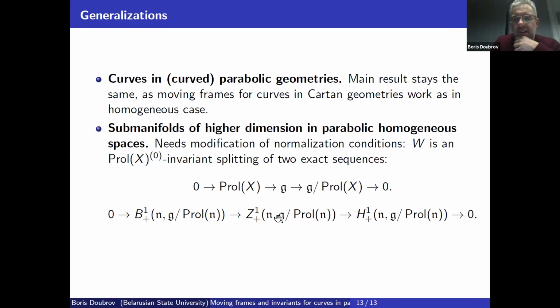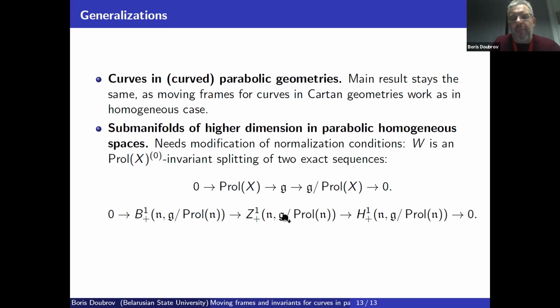And our normalization conditions will be exactly the splittings, and then I will be showing you how a similar argument can be used to construct canonical moving frames for arbitrary submanifolds.